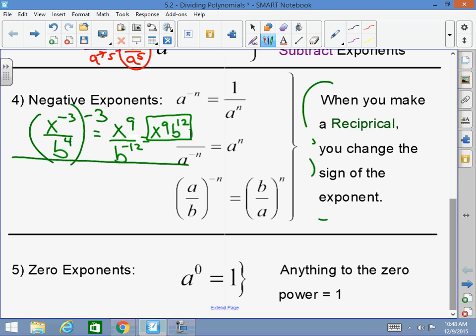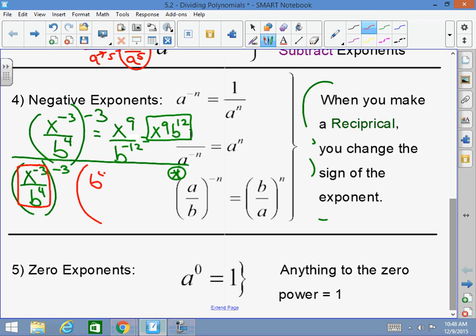However, there is another way to do it, which is what I'm articulating here. When it's in parentheses, and only when it's in parentheses, I can flip the inside of the parentheses without changing the signs, and instead I change the sign of the exponent outside of the parentheses, which gives me b to the 12th over x to the negative 9th, which gives me b to the 12th, x to the 9th, the same exact answer.